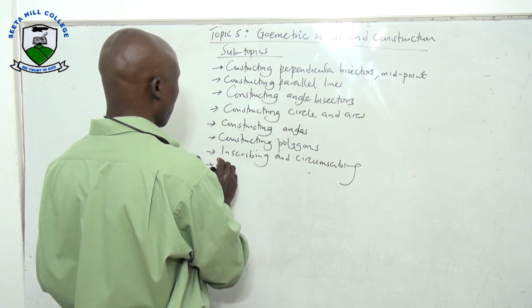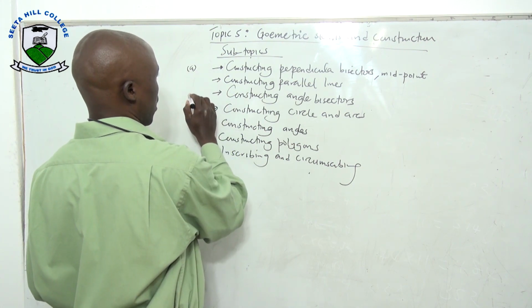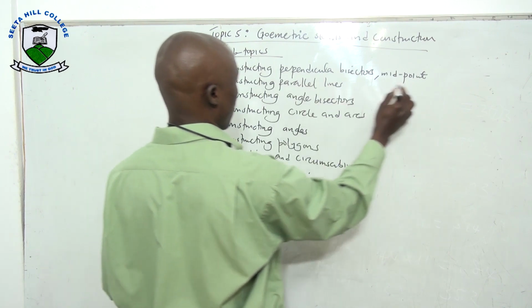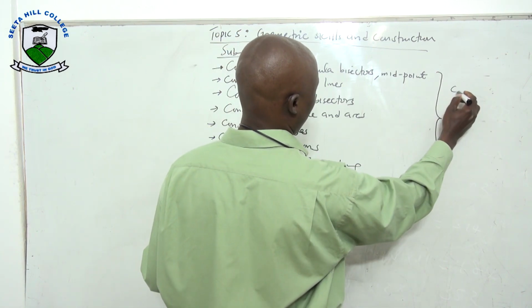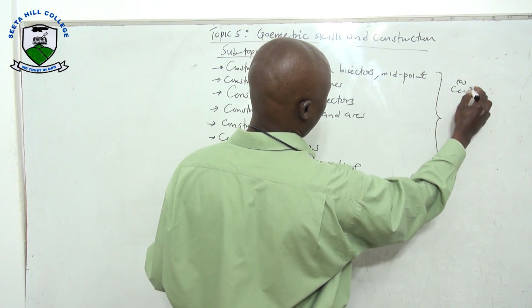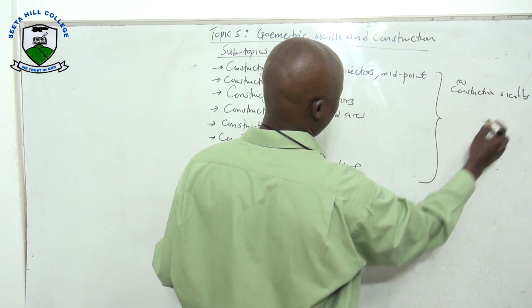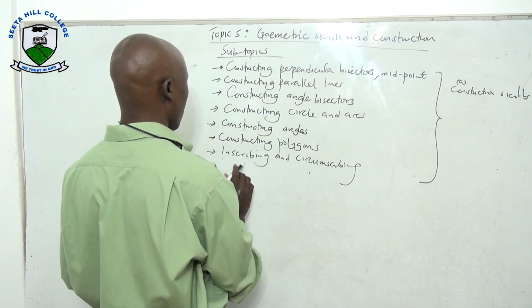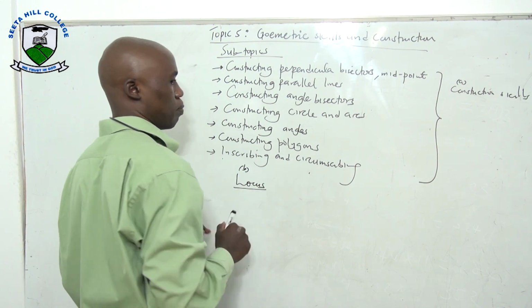Then we shall discuss the concept of the locus. These are construction skills. You see, there are very, very many, but then part B we shall have it under the locus.